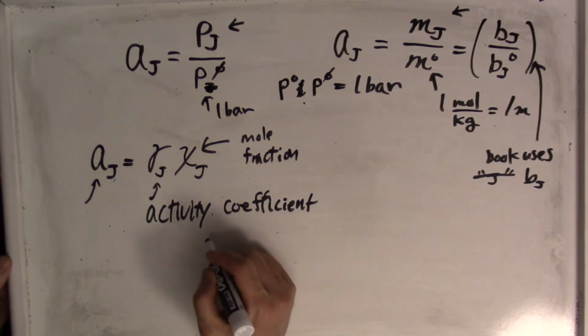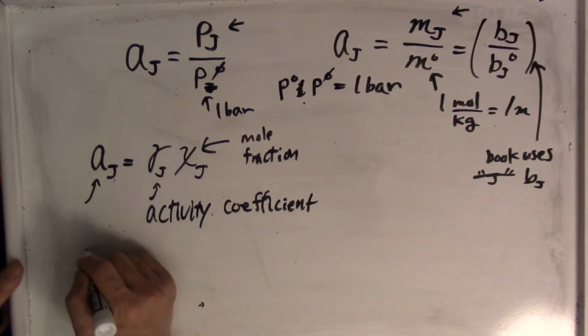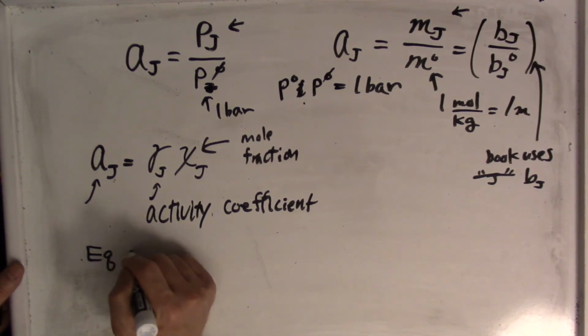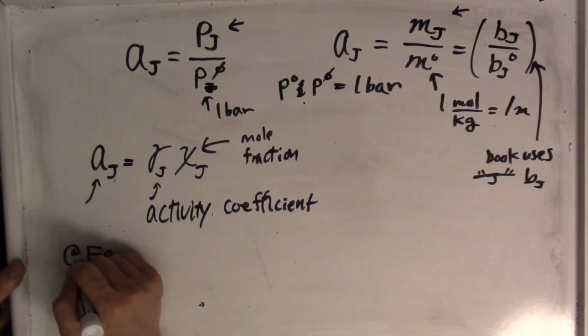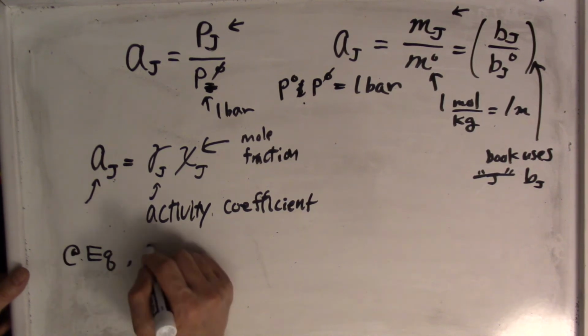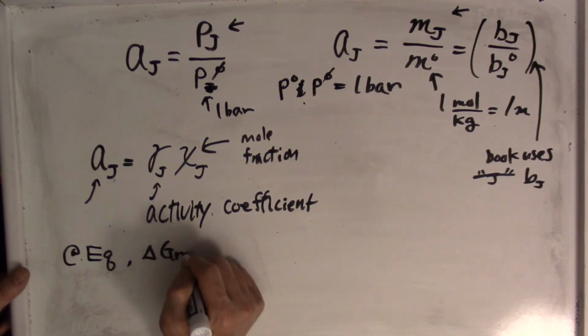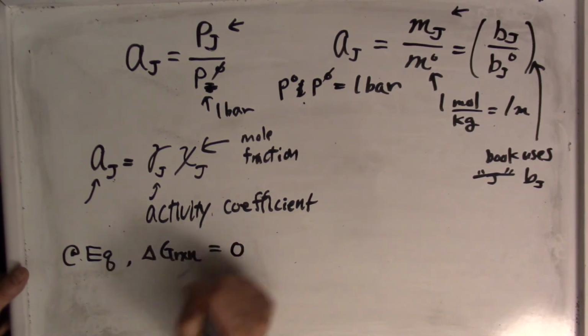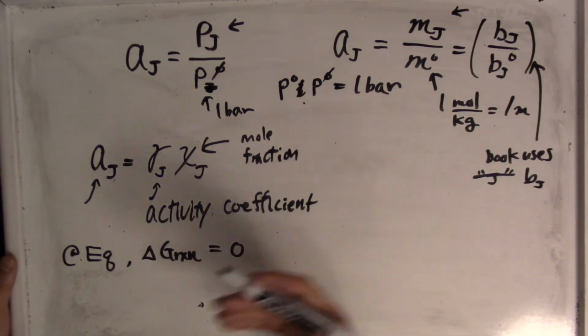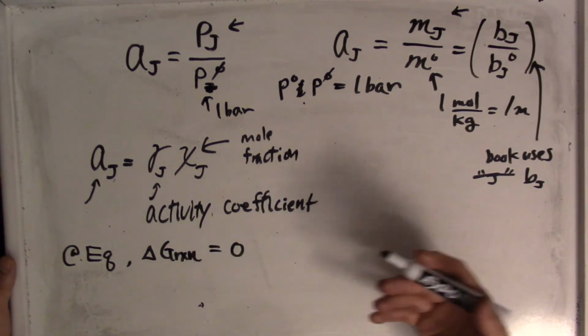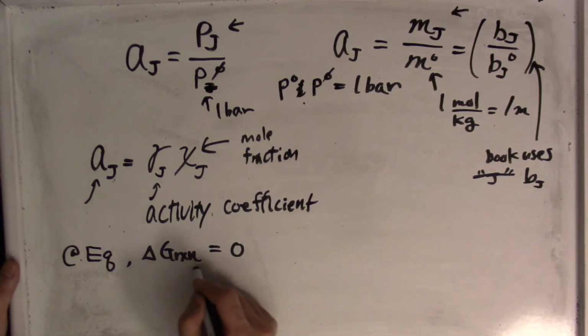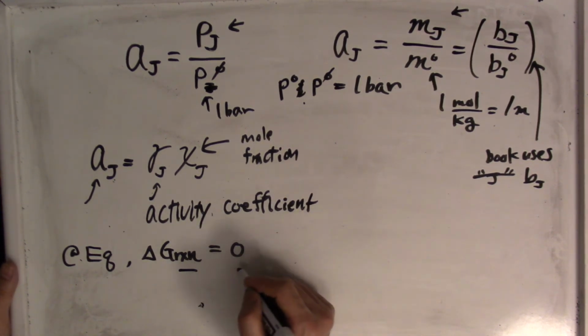Of course, one more important concept that you have seen in the past, as a review: at equilibrium, delta G of the reaction is equal to 0, because it's the overall reaction, whatever the condition is, so delta G of the reaction at non-standard condition is 0.